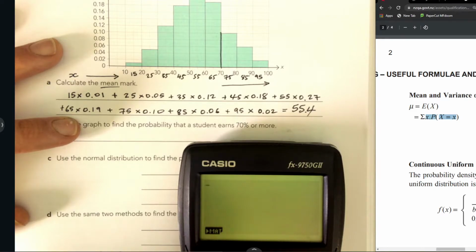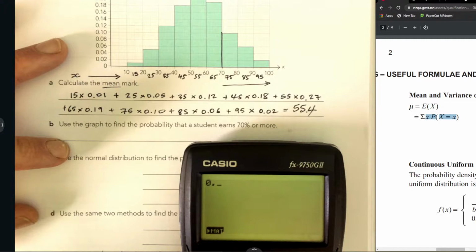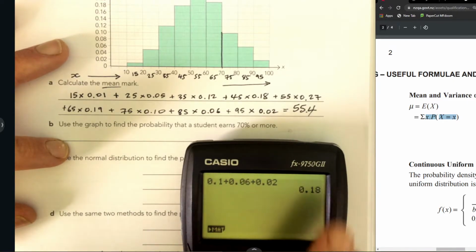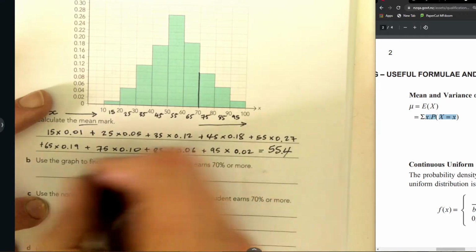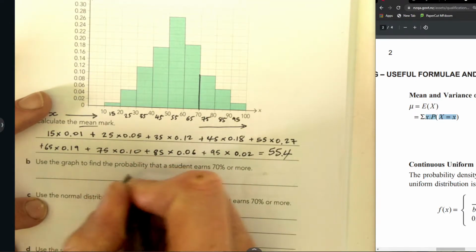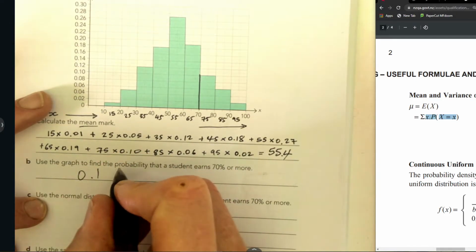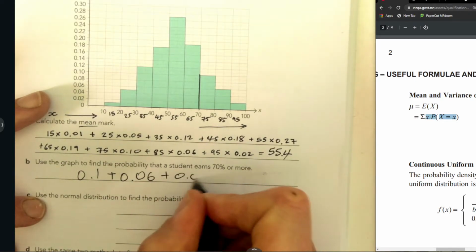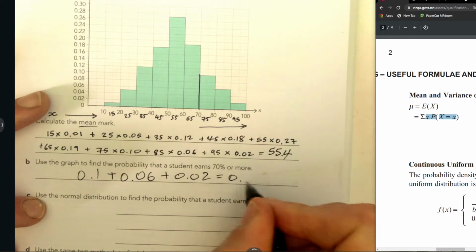It's going to be 0.1 plus 0.06 plus 0.02 equals 0.18.